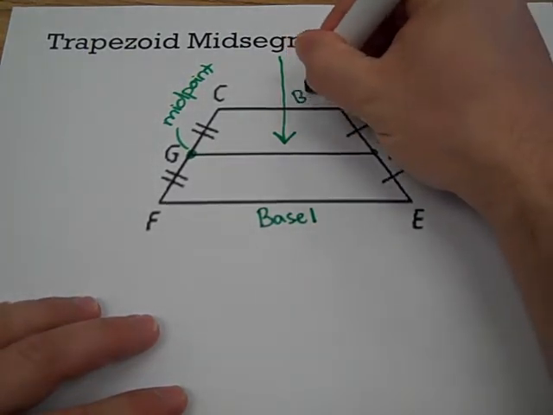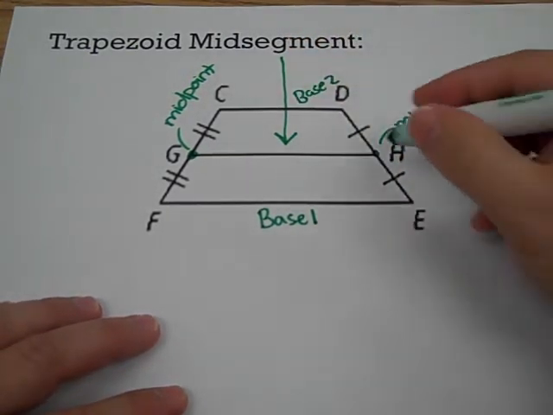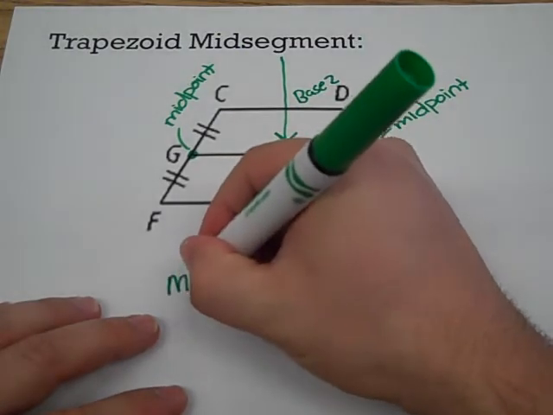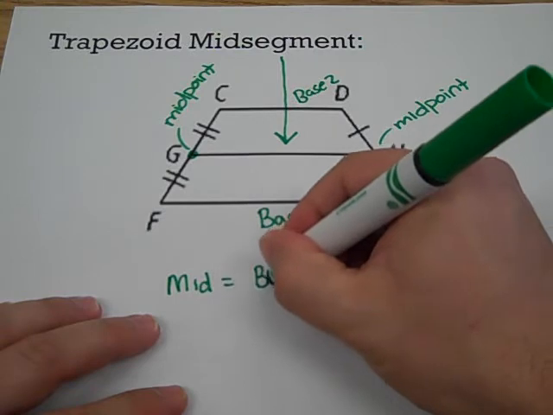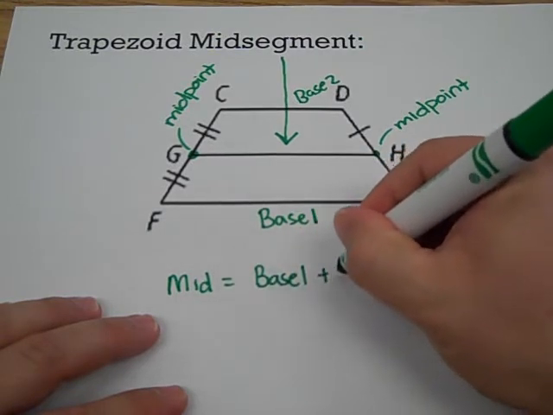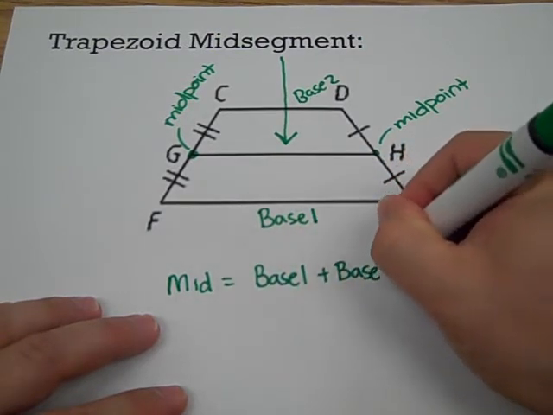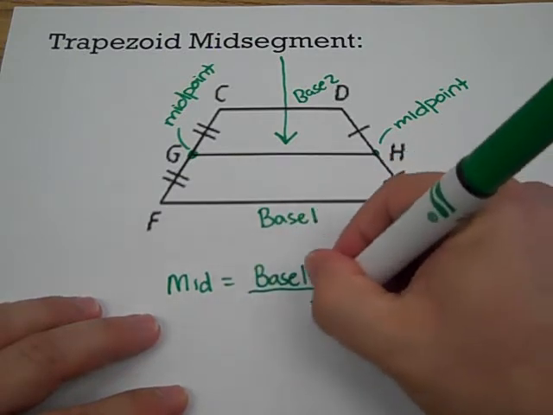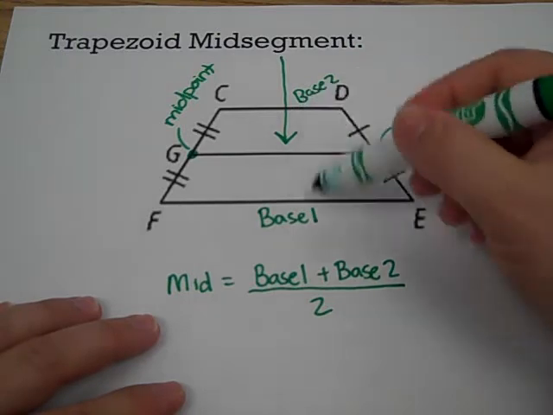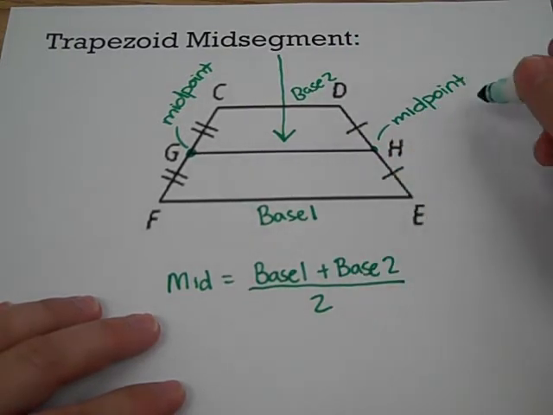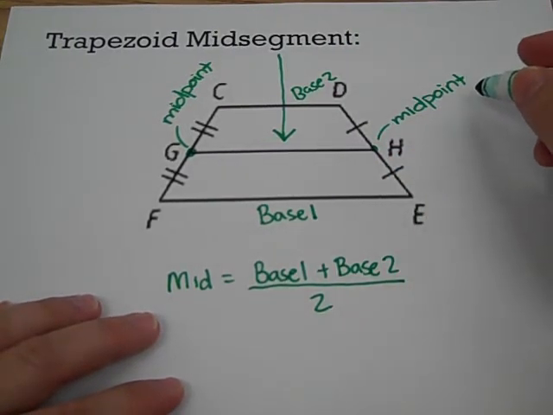And we'll call this base 2. The length of my midsegment is equal to base 1 plus base 2 all divided by 2. So if I know how long these two bases are, I can add them together and divide by 2, and that will give me the length of the midsegment of the trapezoid.